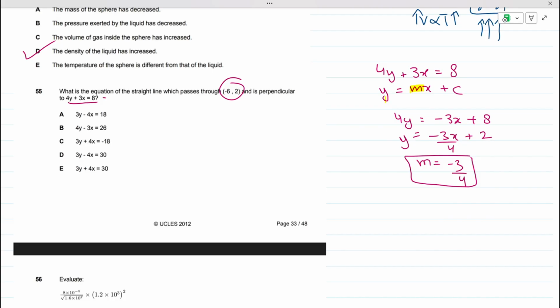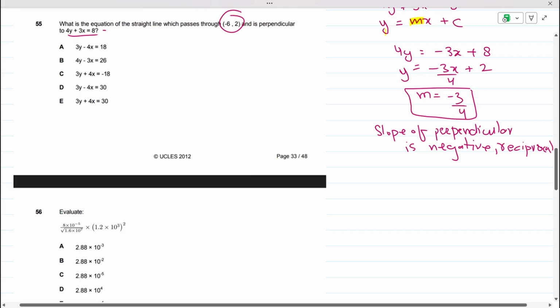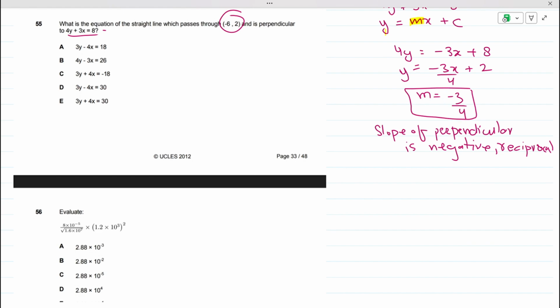Now see, we are supposed to find the perpendicular line, and the slope of the perpendicular line is the negative reciprocal. You have to take the negative of that value and then the reciprocal of that value. Reciprocal means you make your numerator the denominator and the denominator the numerator. This entire value is negative.